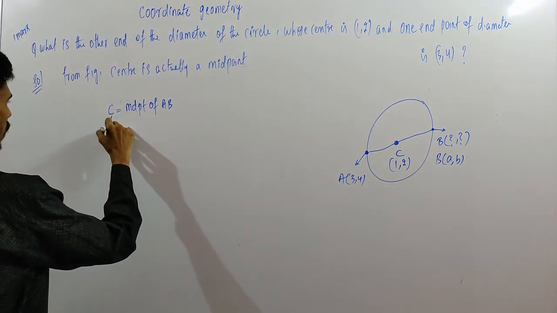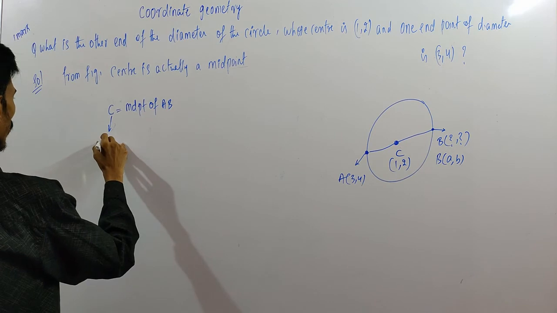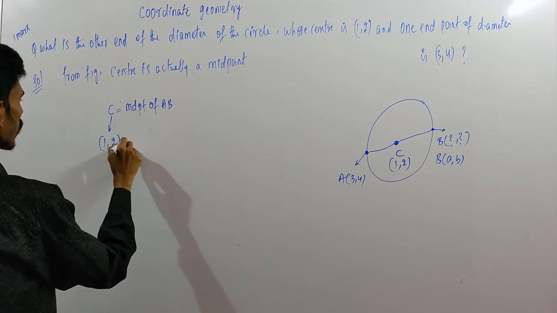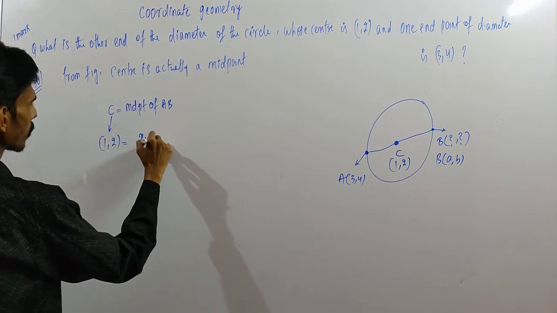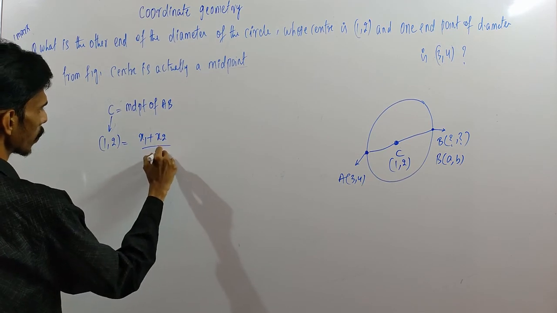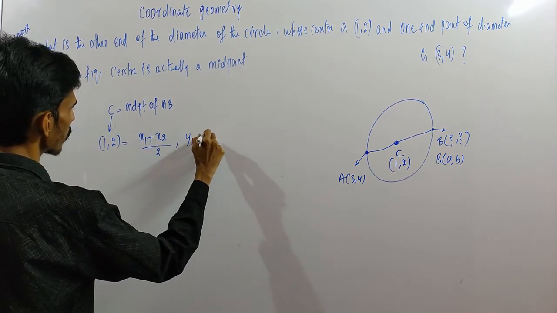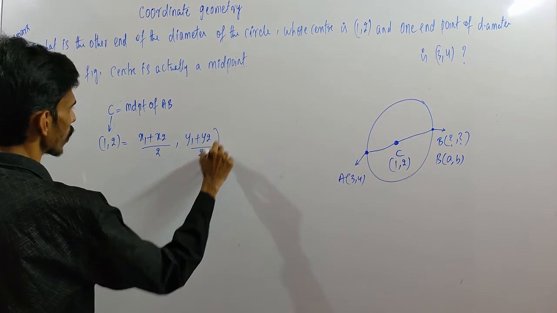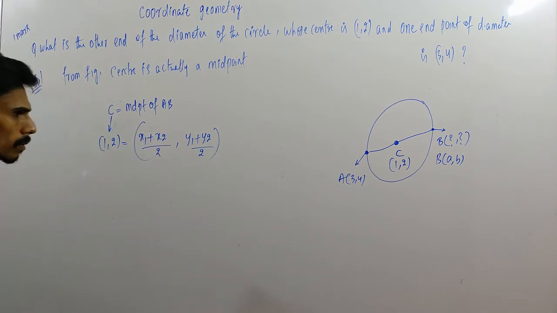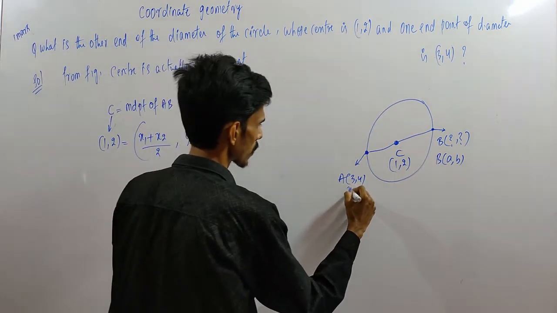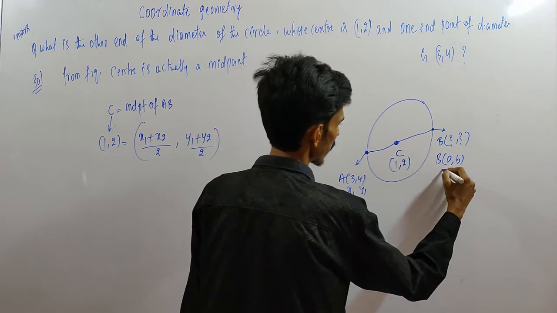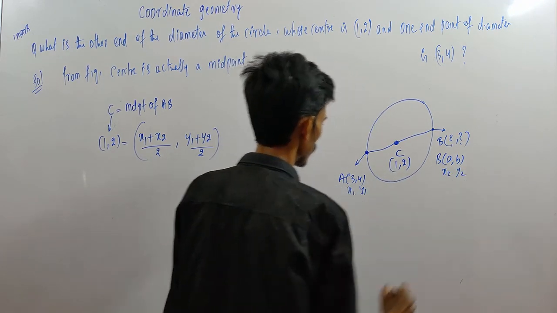So we have given C. C value is given as 1, 2. Midpoint formula is x1 plus x2 by 2, comma y1 plus y2 by 2. Let us take this as x1, y1 and take this as x2, y2.